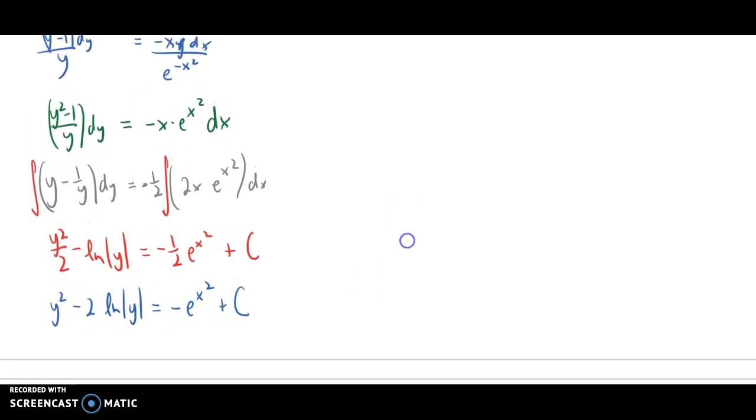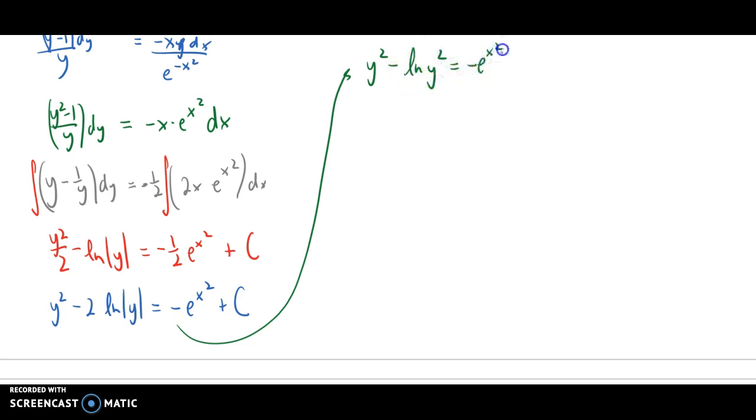And then just a little bit further with this one, the 2 in front of the natural log of y serves as an exponent inside of the ln, so it's the ln of absolute value of y squared, which means we're not going to need the absolute value. So it simplifies it even just a little bit more.